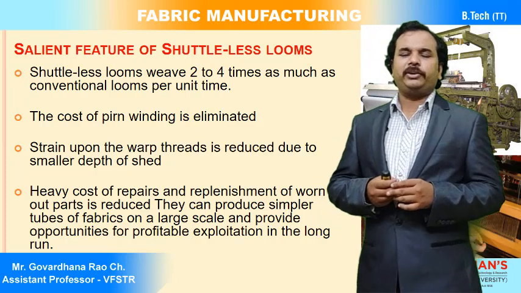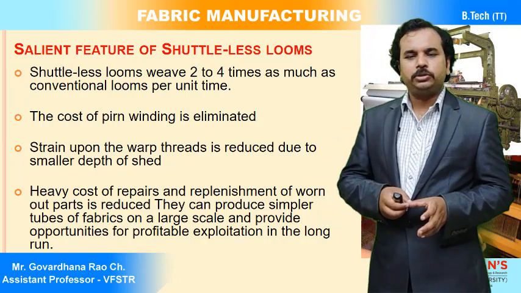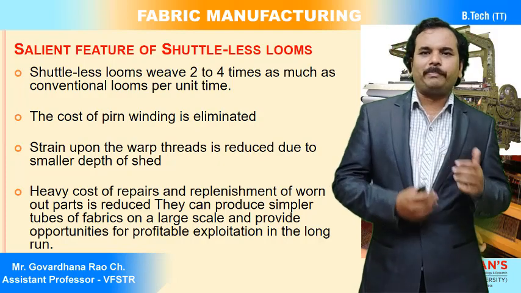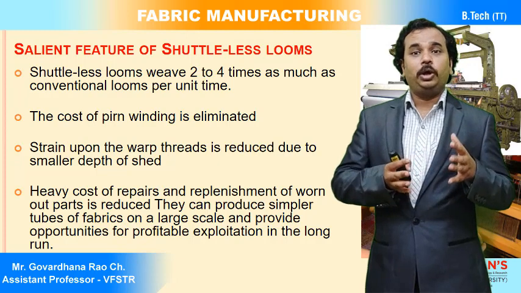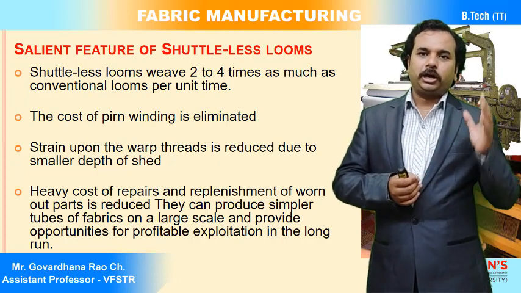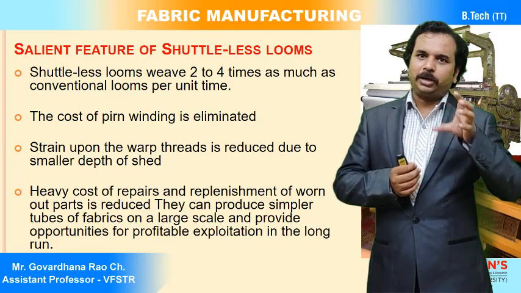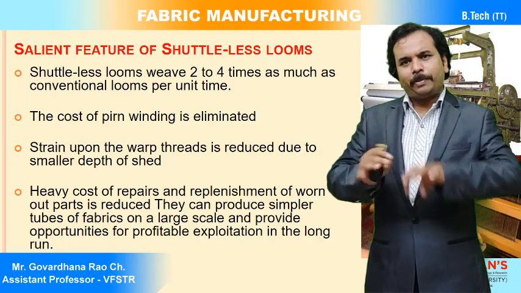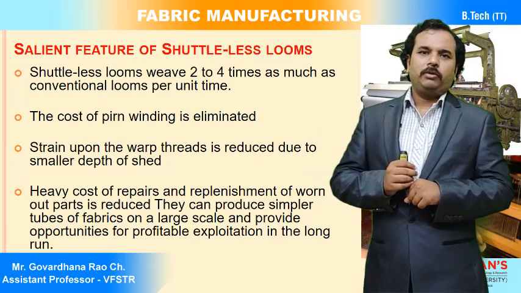So heavy cost of repairs and replacements of worn out parts is going to be reduced, because if more mechanical components are there, that too abrasive mechanical components, like in the cone over pick mechanism, there is a cam and there is a nose which is going to abrade every time, which is going to push the cone.